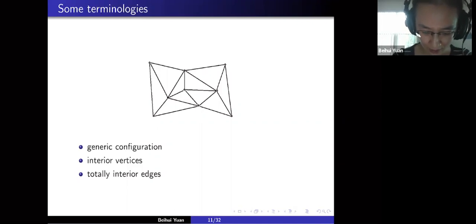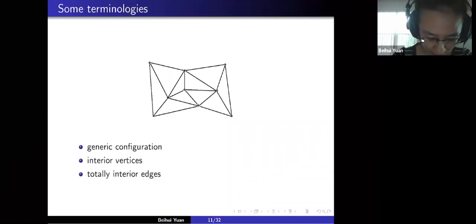Looking at this configuration, we call this a generic configuration. That means if I jiggle these vertices a little, it does not change the dimension of that spline set. Okay, if I just change the position of this vertex a little.